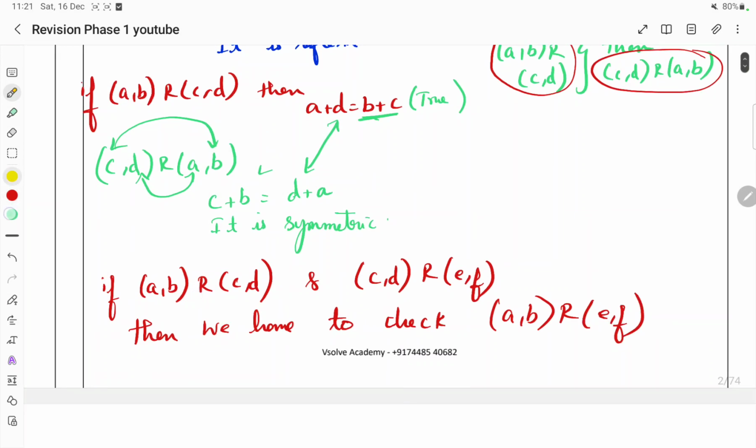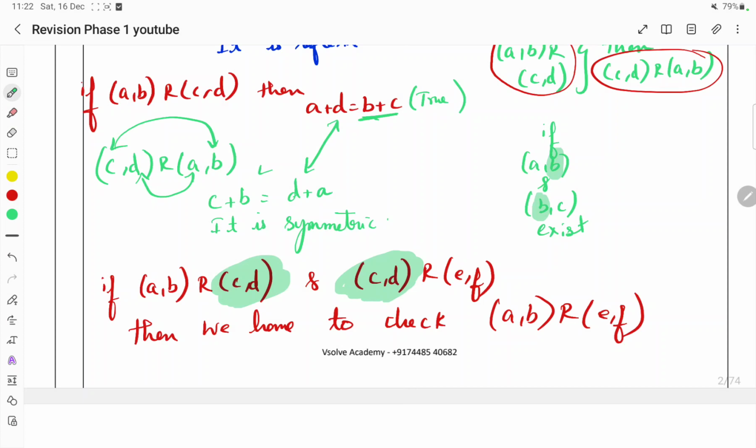For transitive, if (a, b) and (b, c) exist, wherever it ends with b, the next starts with b. But here the element itself is an ordered pair. Here it ends with (c, d) and here it starts with (c, d).